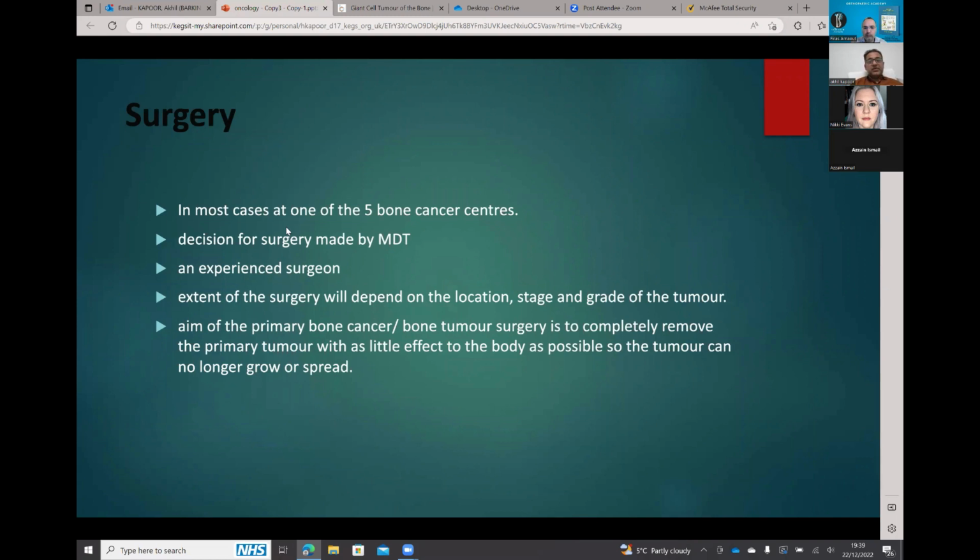In most cases, at one of the 5 bone cancer centers in the UK, decisions for surgery are made by the MDT with an experienced surgeon, and the extent of surgery will depend on the location, stage, and grading of the tumor. The aim of any surgical intervention of a primary bone cancer is to completely remove the primary cancer with as little effect to the body as possible, so the tumor can no longer grow or spread.